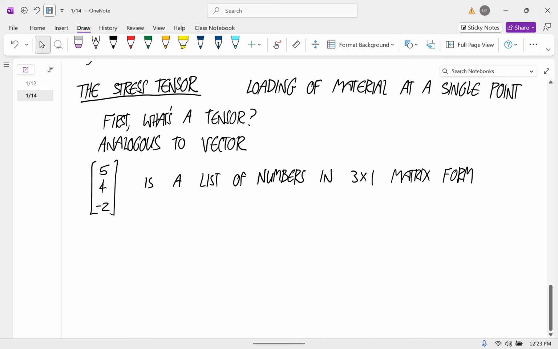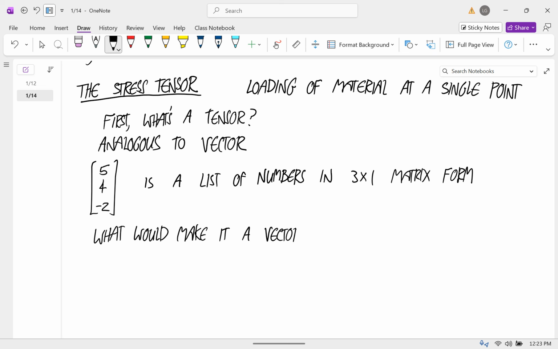What would make that list of numbers a vector is associating each element with a coordinate system axis.